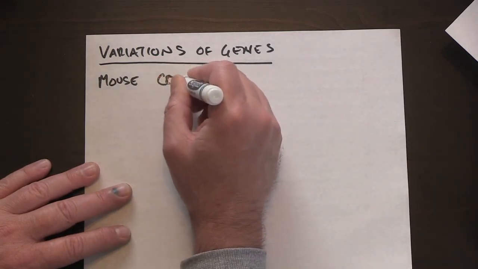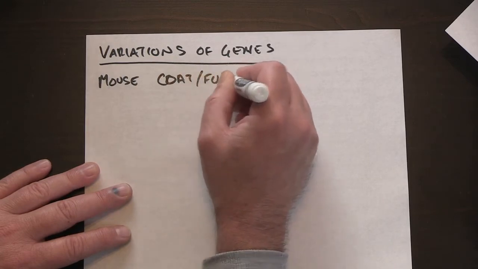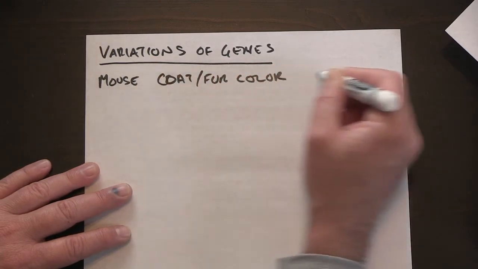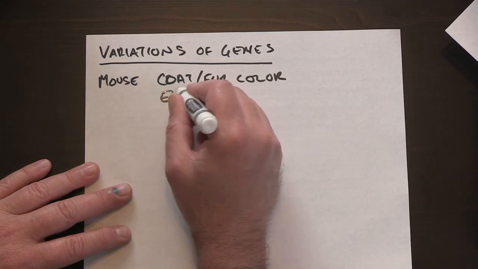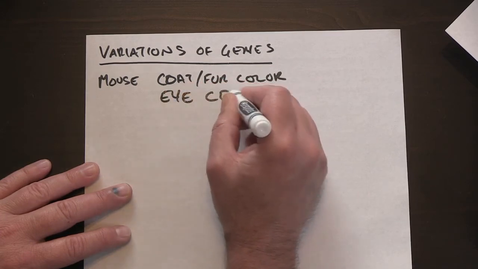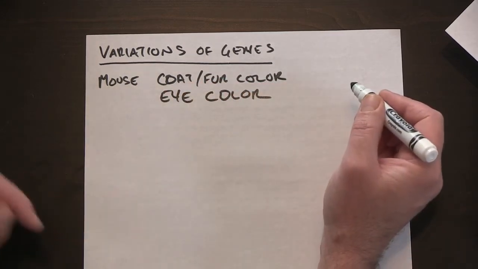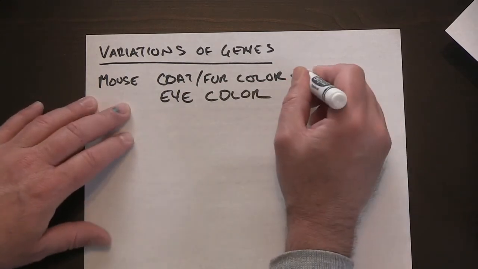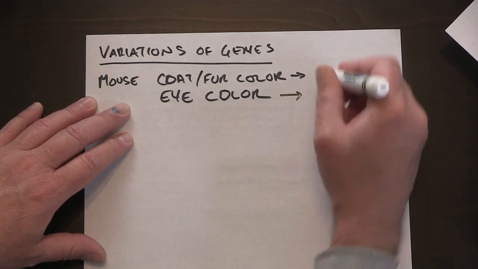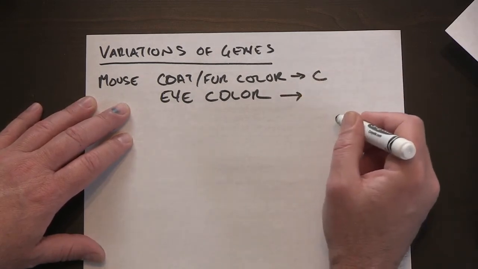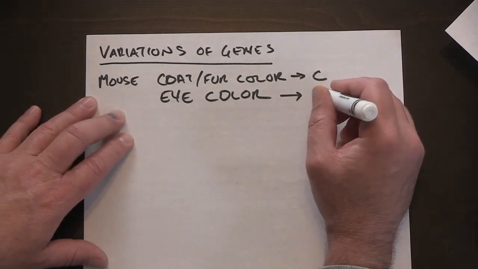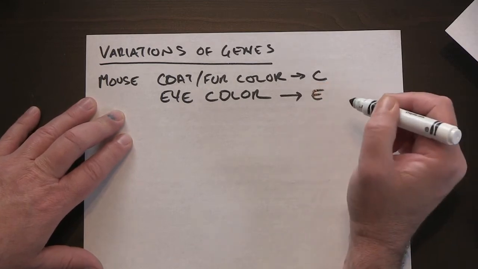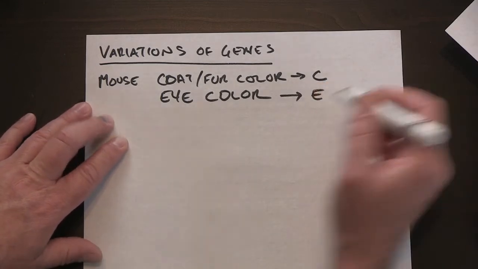Let's look at the coat or fur color and the eye color. We're going to name these genes, kind of arbitrarily, gene C and gene E.